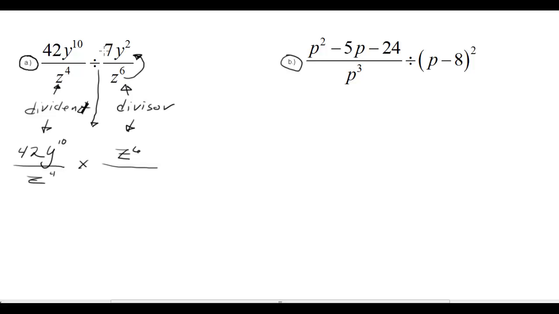And we're going to take the numerator and make it the denominator. They're going to effectively change places. That's a 7, not a z. That's pretty obscure. 7y squared, right?